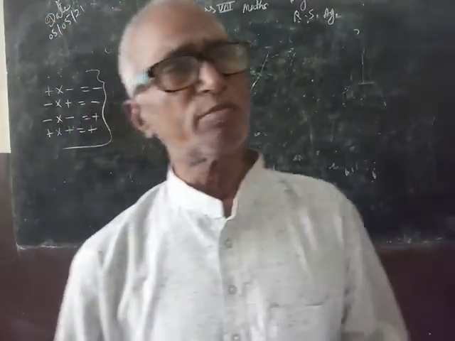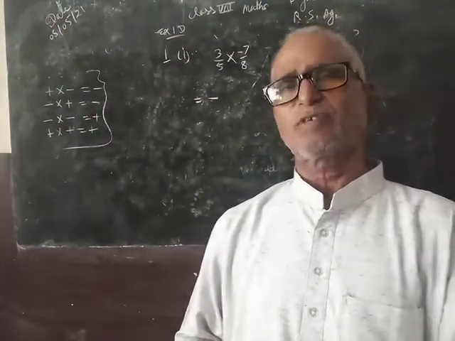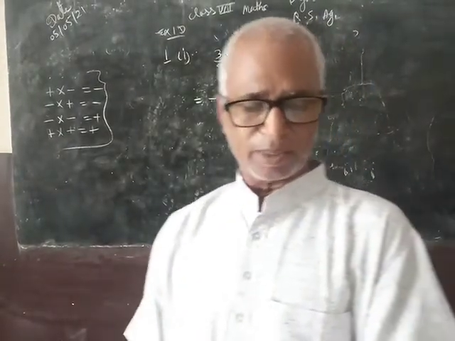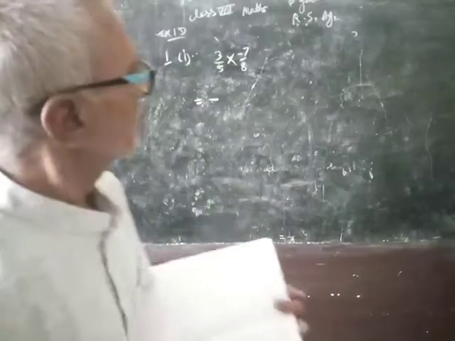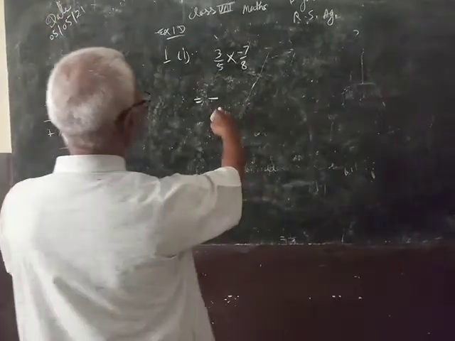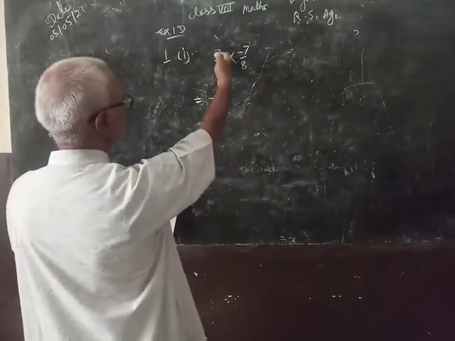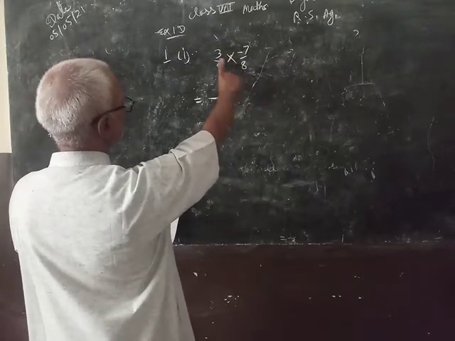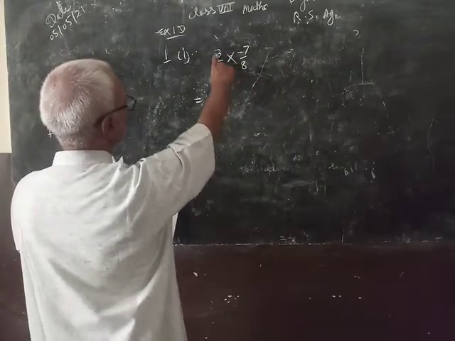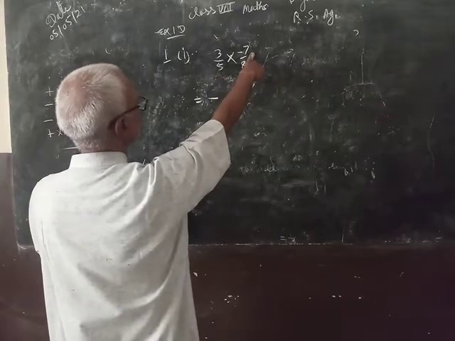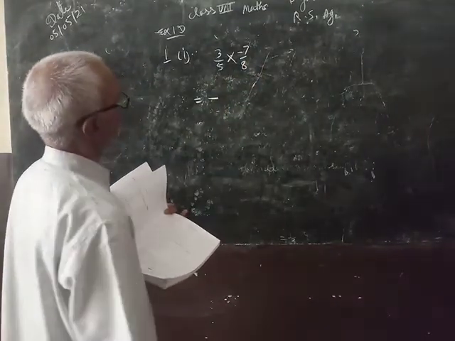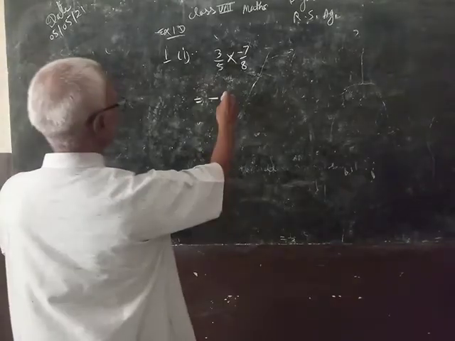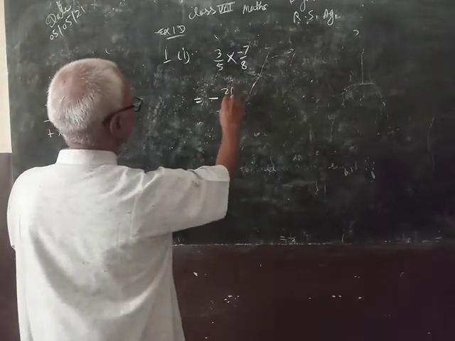And when two numbers of opposite signs, one plus and the other minus, are multiplied, the result is negative. Remember it? So here negative will come, because no simplification can be done: 3 and 5 are prime numbers, 7 is also prime, 8 is a composite number but has no common factor with the other numbers. So it becomes minus 21 by 40.